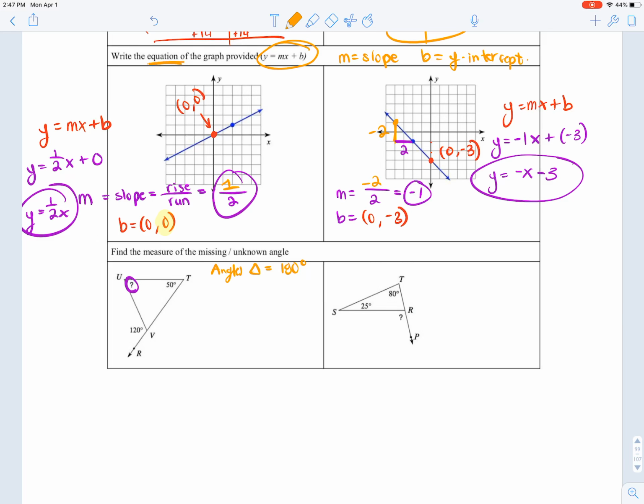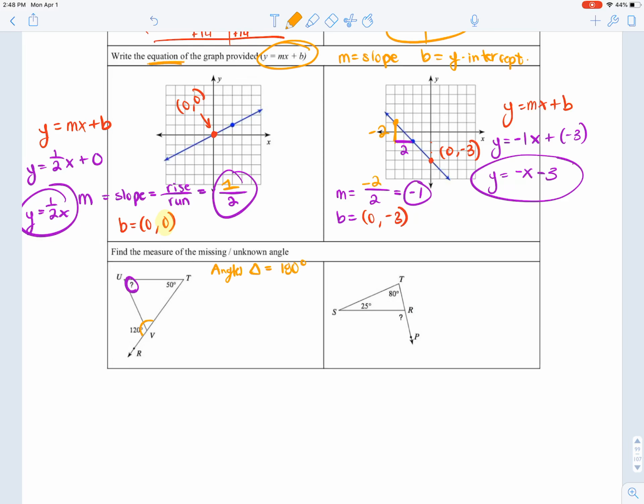But now we need to figure out how are we going to get this orange angle here, because that's going to help us find this purple angle. Well, what I see is that this 120 over here, if I were to combine that with this unknown angle at V, UVT, what would they add up to?